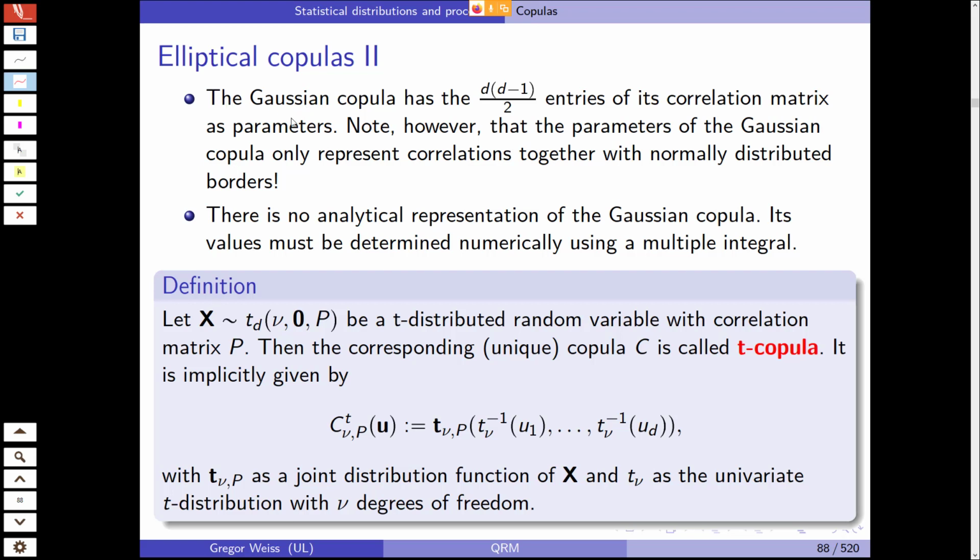Now, you can already see that the Gaussian copula has d times (d minus 1) divided by 2 entries in its correlation matrix. These are the parameters. However, they could be interpreted as correlations.